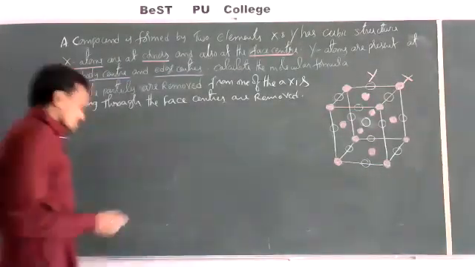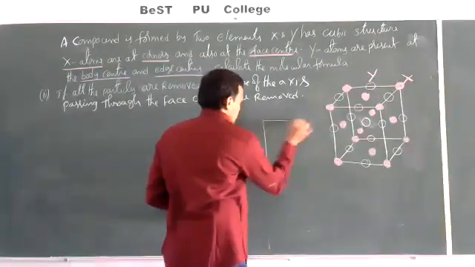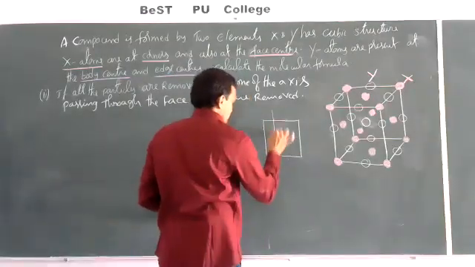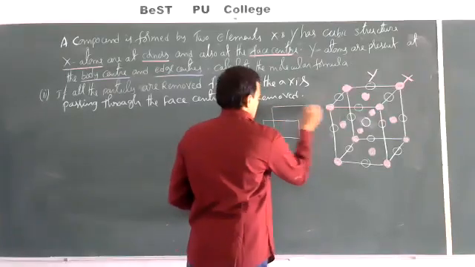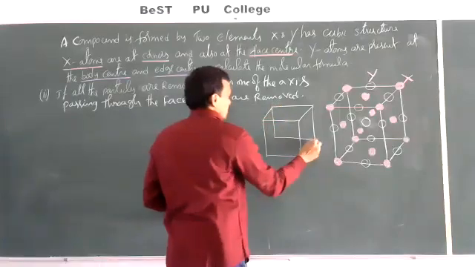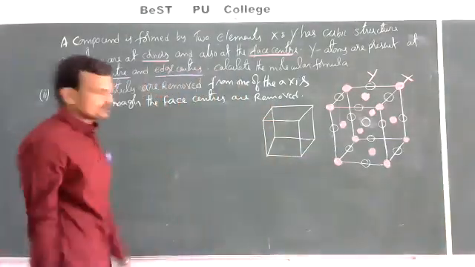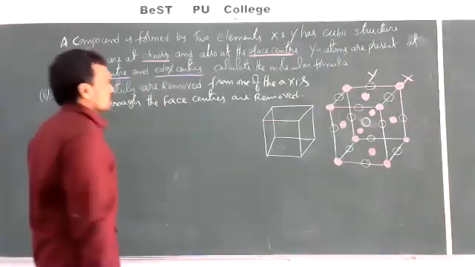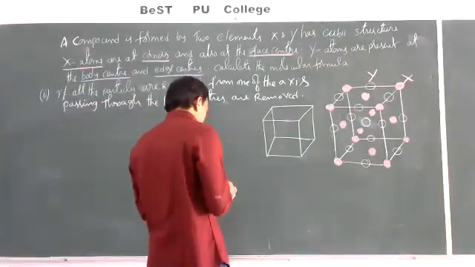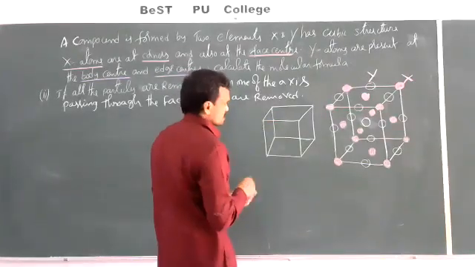Now let us see the diagram for the same. A cubic system. Same diagram that I am representing, but I am showing the particles that we have removed. Now here we have removed the particles which are passing through the face centers.